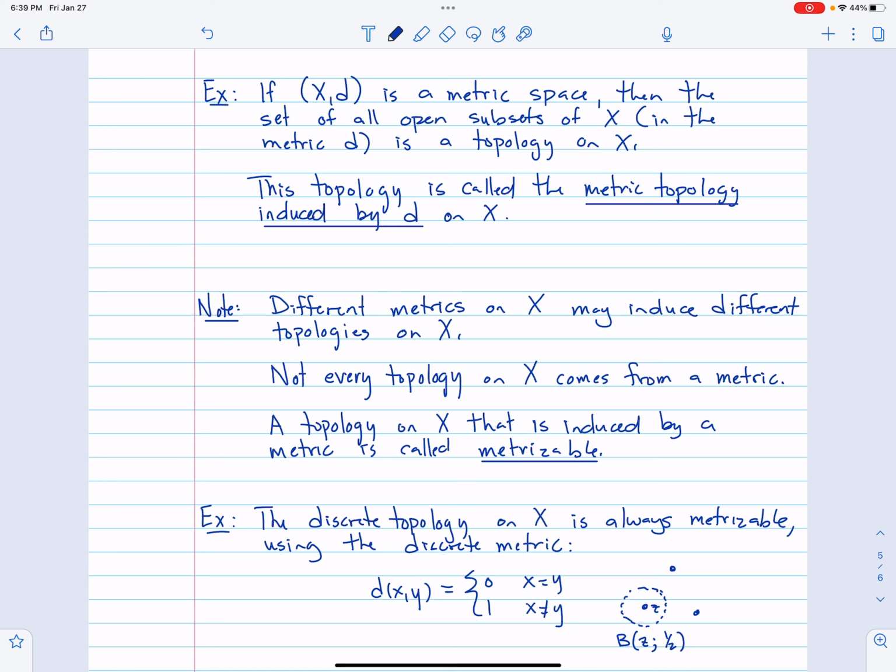So in this metric, every point is an open set. Since we can take arbitrary unions of open sets and end up with open sets, we can construct any subset we want by taking the unions of the corresponding points. So the discrete topology is always metrizable, and the metric you want is the discrete metric.